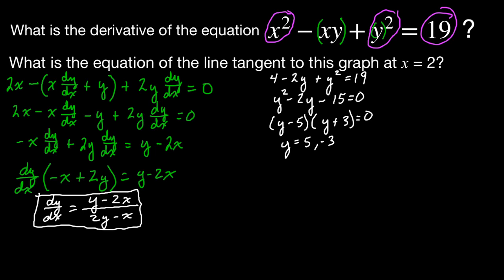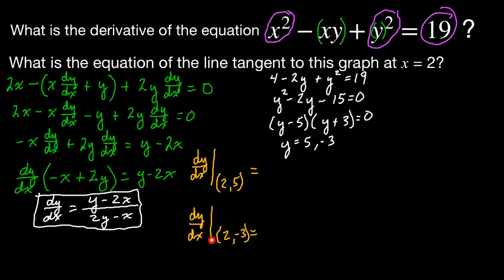And so to find out the derivative at each one of those places, we're going to find dy/dx evaluated at (2, 5), and then we're also going to find dy/dx evaluated at (2, -3).